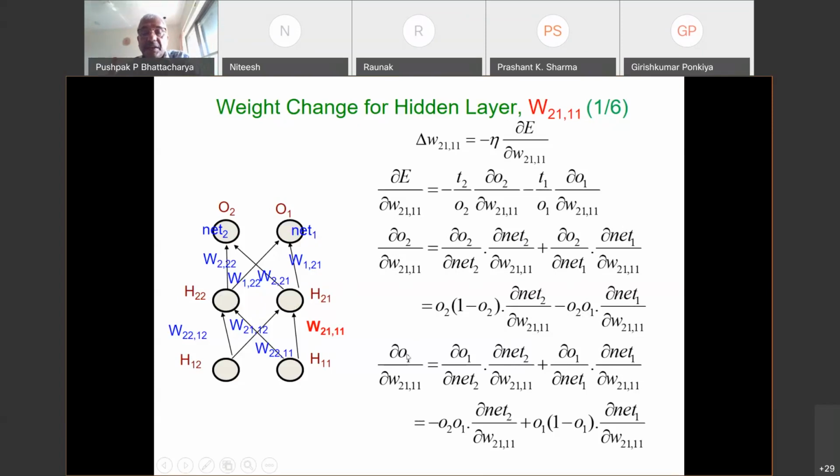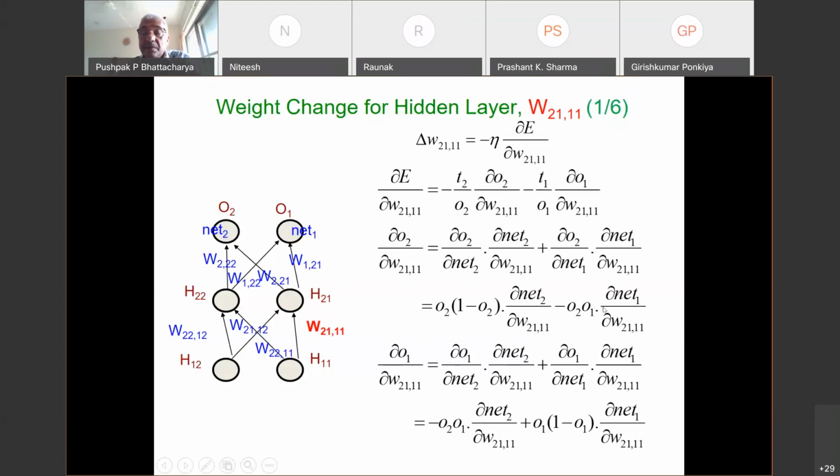So let's see delta O1 delta W. Delta O1 delta W is delta O1 delta net 2 into delta net 2 delta W plus delta O1 delta net 1 into delta net 1 delta W. So I get again delta O1 delta net 2 as minus O2 into O1, delta net 2 delta W, plus own derivative O1 into 1 minus O1, delta net 1 delta W. So the two terms in the derivative of error are taken care of now.